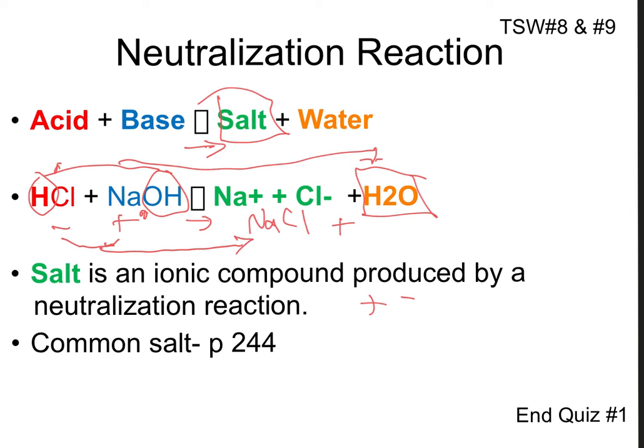So this is really a type of double replacement reaction, but with specific types of products and reactants. So if you look on page 244, you'll see a list of types of salts. So take a look at those and we'll go over those more shortly.